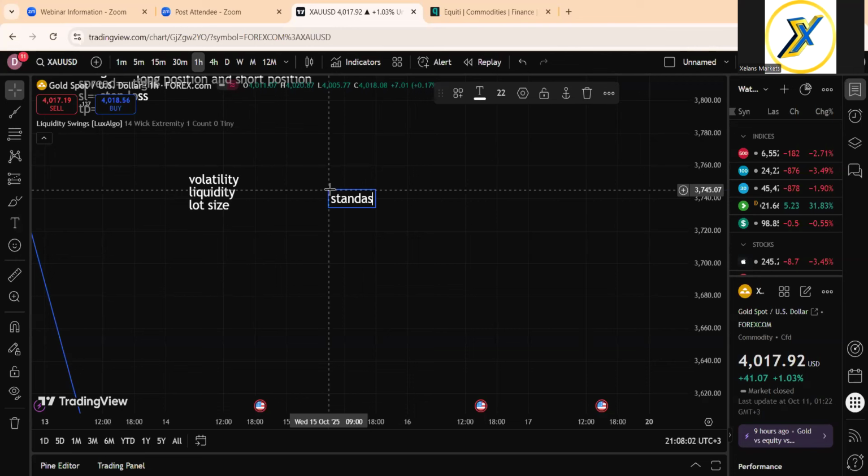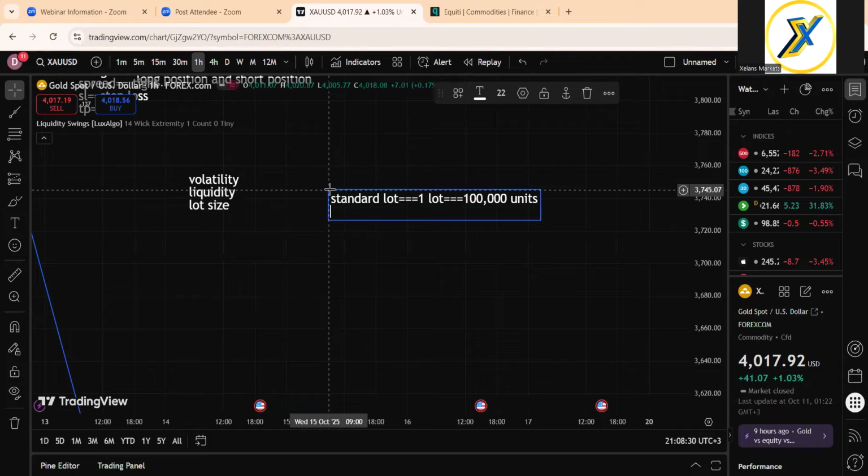You don't really have to cram all this. A standard lot is basically one lot. If you're getting into the market with one lot, it means that you're buying 100,000 units of base currency.